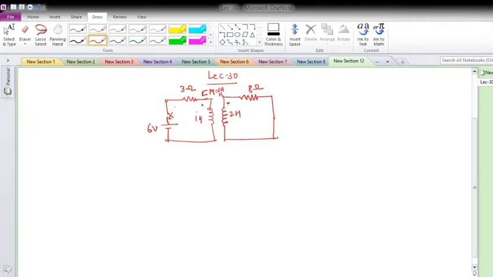Suppose this is my I1 and this is my I2. Now what I have to do is find out my I1 of t and my I2 of t.